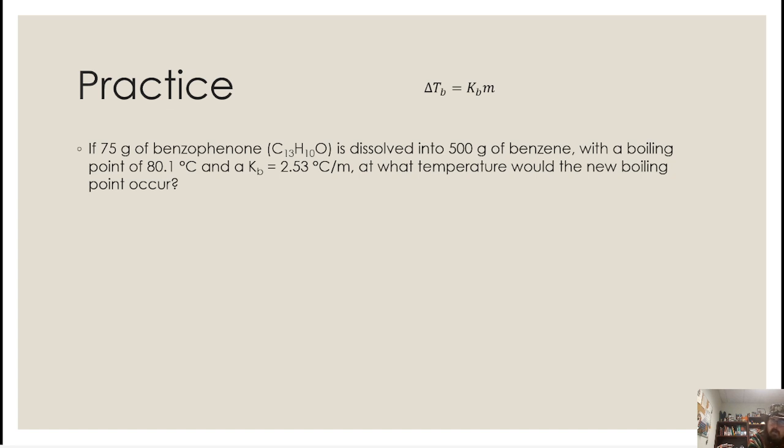It doesn't really matter what its molar mass is. With our solvent having a boiling point, T boiling of 80.1, and a K(B) of 2.53. What temperature would the new boiling point occur?